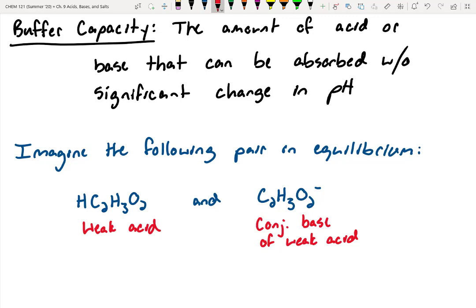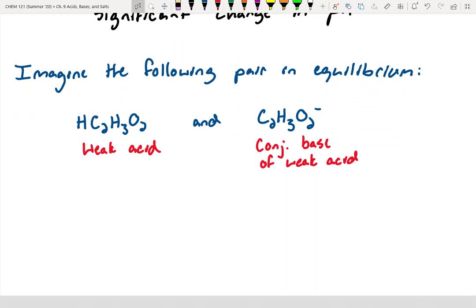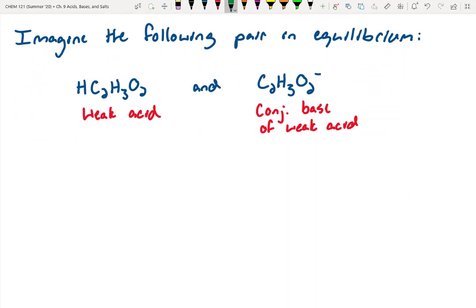And if we think about it, we can kind of take advantage of this unique pairing, right? Because if we have our weak acid in equilibrium, this can react with added base, right? Because it's an acid, it'll react with base.